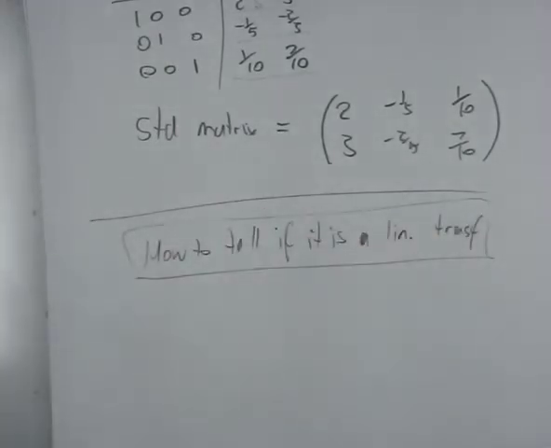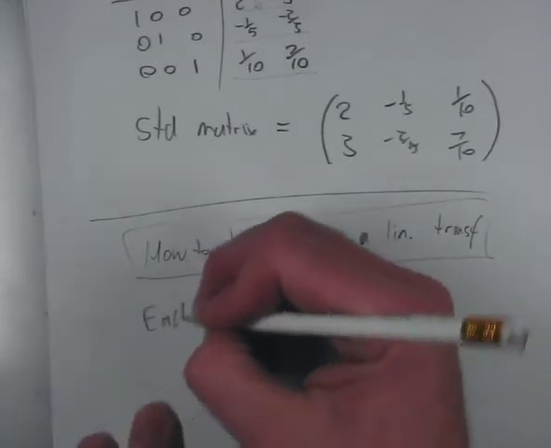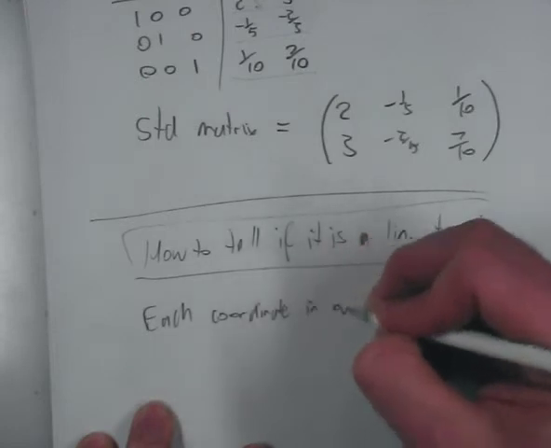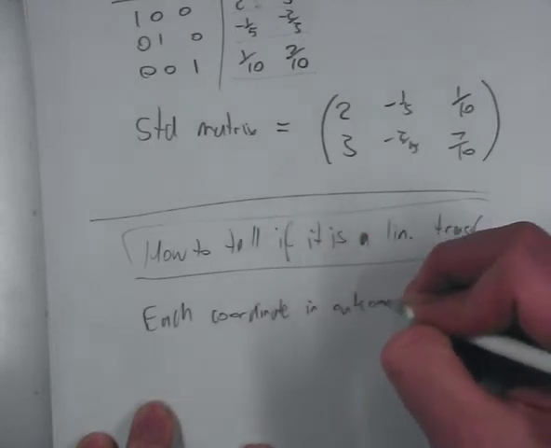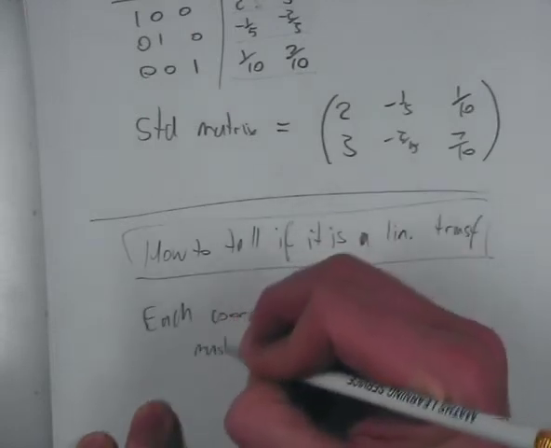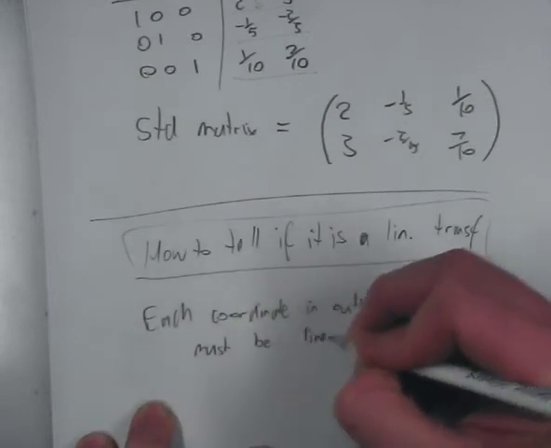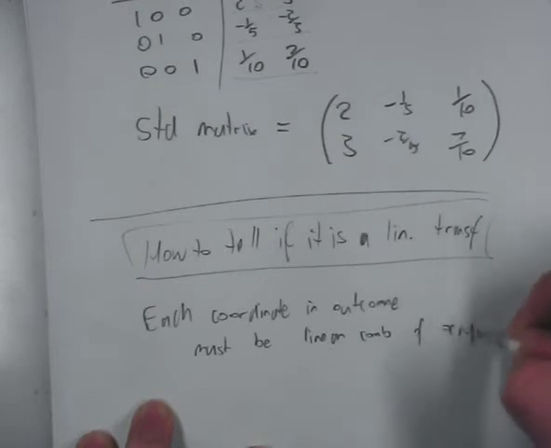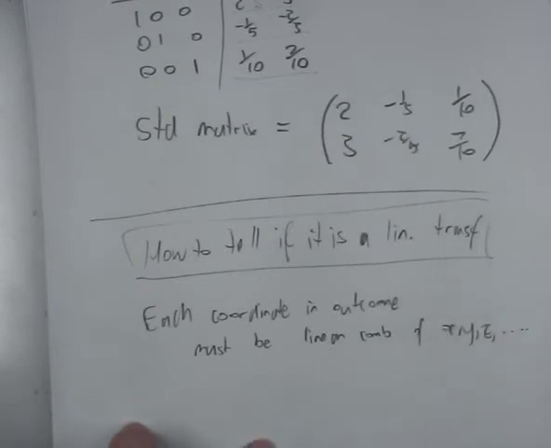The answer is, if you can rewrite it as a matrix, then it is. Which means that each coordinate in the outcome must be a linear combination of x, y, z, however many of them there are. And then it is. And if it's not, then it's not, basically.